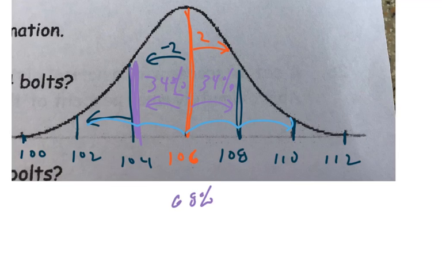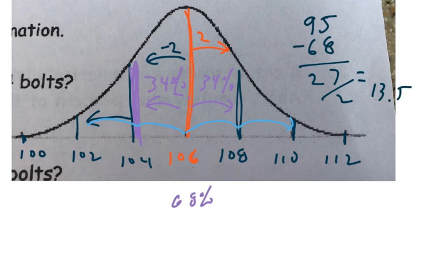So let's do a quick math here. 95% minus the middle 68% would be what? 95 minus 68 is 27, right? So let's divide 27 by 2, 13.5. That means I have another 13.5% there, another 13.5% there.